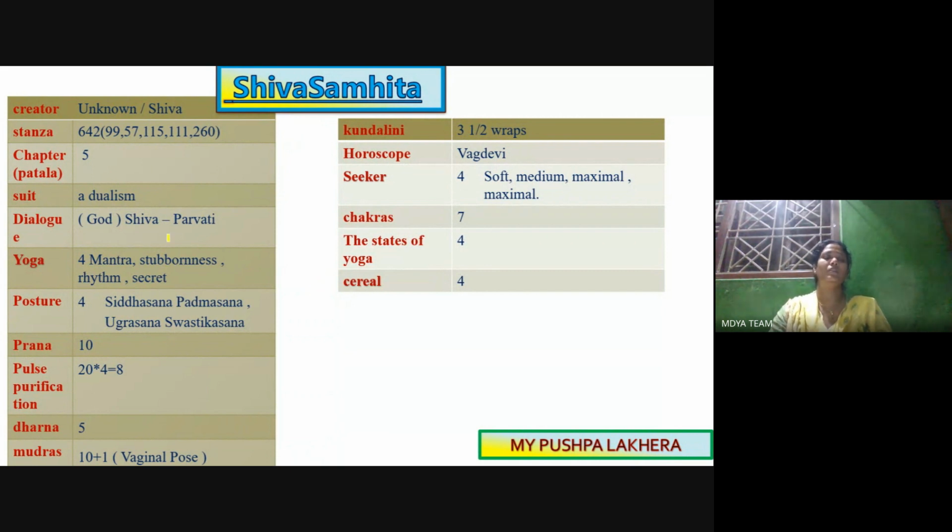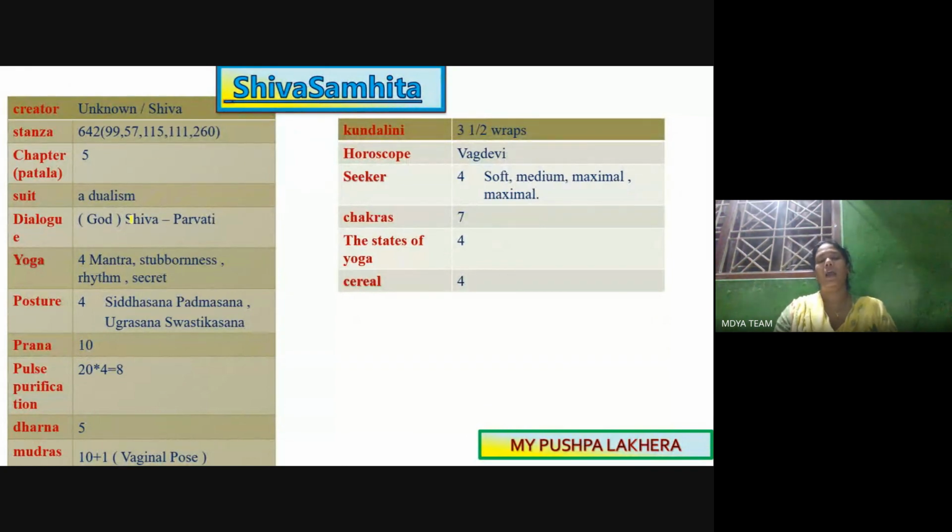But here the chapters are known as Patal. It is not mentioned in any English book that the name is Patal, but in the Hindi book it is mentioned as Patal. And there are 5 chapters.